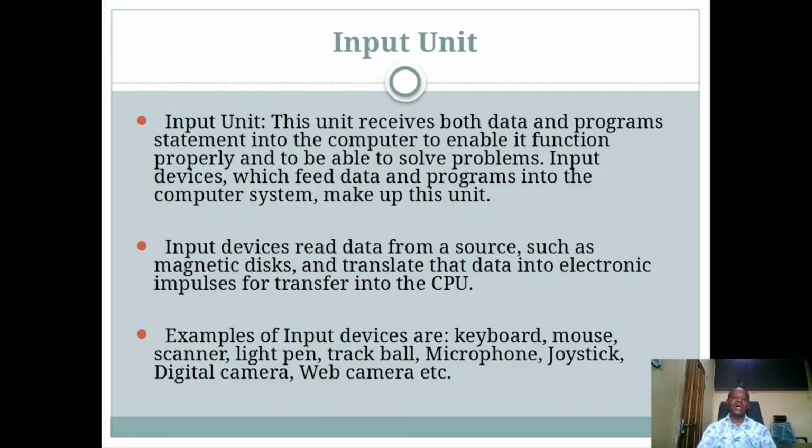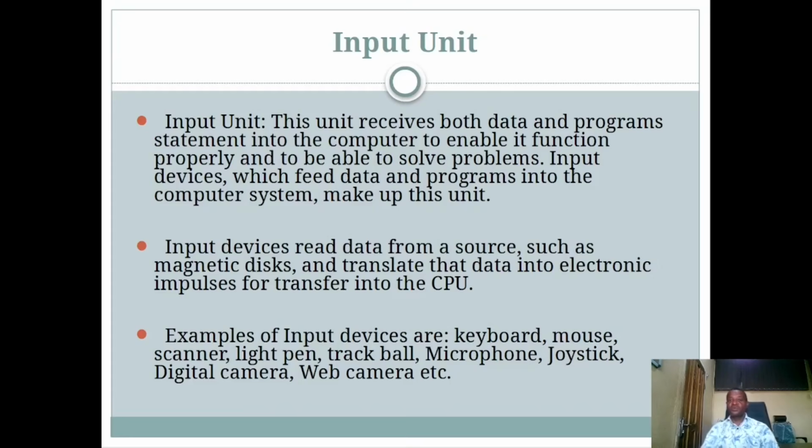into the computer system. Input devices can read data from a source such as a magnetic disk, or data can be typed directly from the keyboard, or data can be transferred from sensors that are attached to the computer system and placed in the environment.